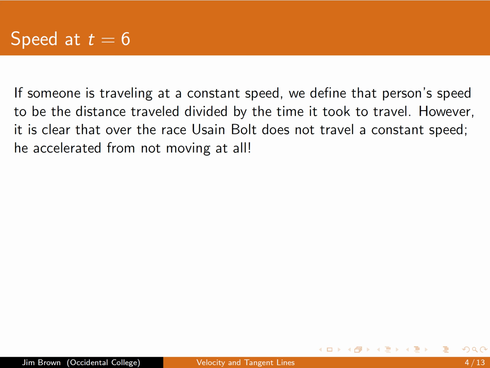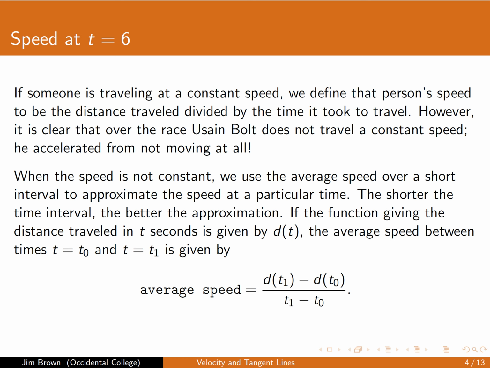However, if we know someone is traveling at a constant rate, then we define their speed to be the distance traveled over the time it took to travel that distance. So we can't use that exactly for Usain Bolt, but if we measure the distance traveled over some short time interval, his speed's probably not changing much over a very short time interval. So we can use that to help us estimate his speed at any particular time.